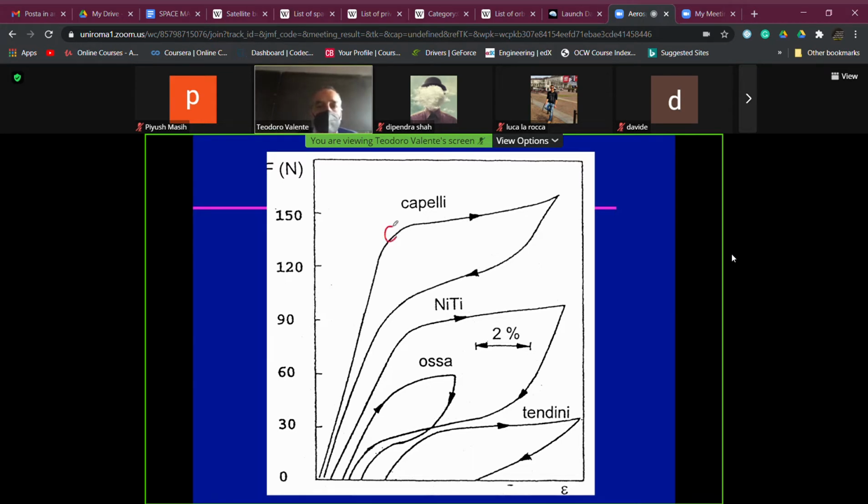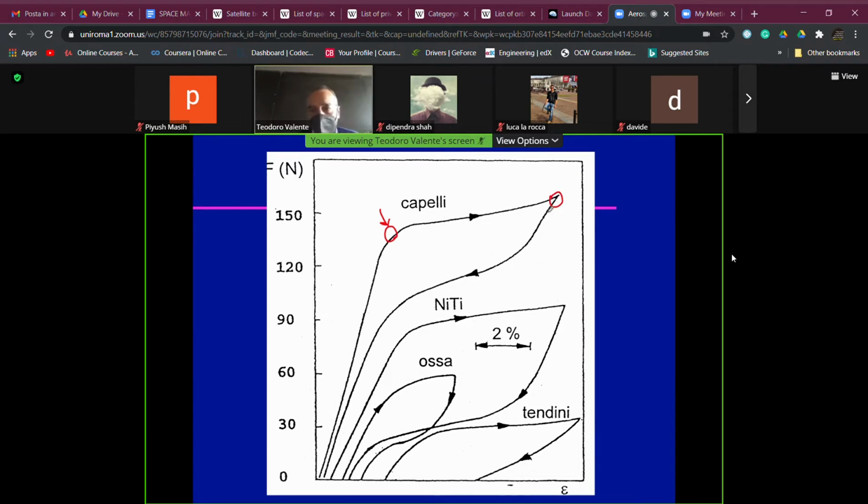Then around here is located the lower limit of stress to have austenite transformed in martensite. This here can be the maximum, upper limit stress to have all the austenite transformed in martensite only by stress.